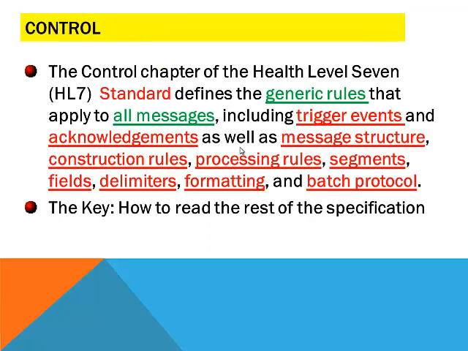The control chapter of this HL7 standard defines generic rules that apply to all messages, including trigger events and acknowledgements, as well as message structure, construction rules, processing rules, segments, fields, delimiters, formatting, and batch protocol.